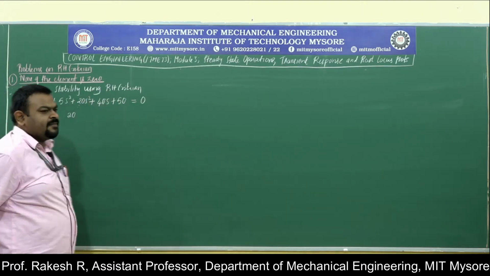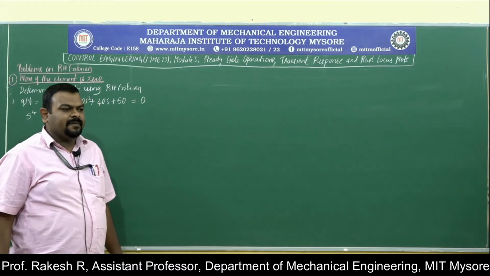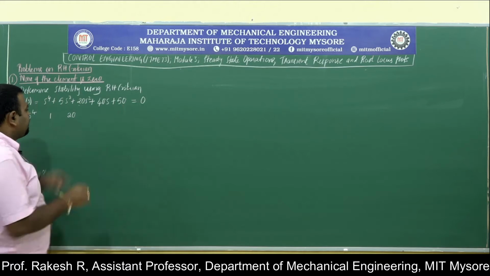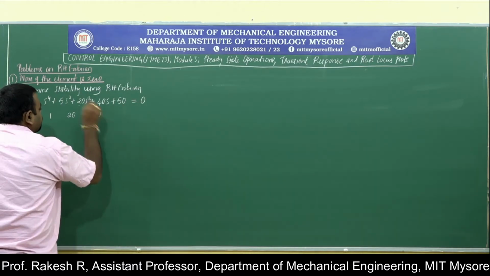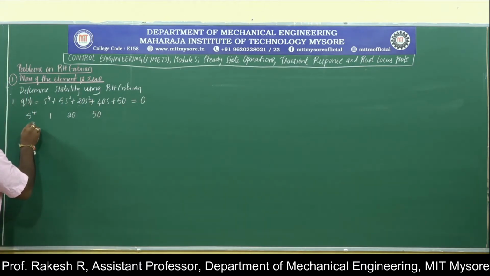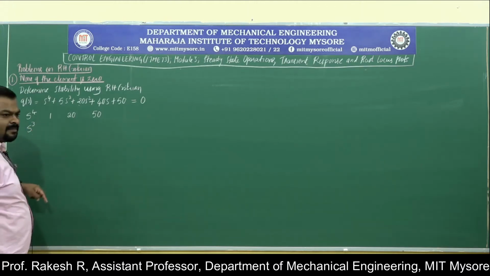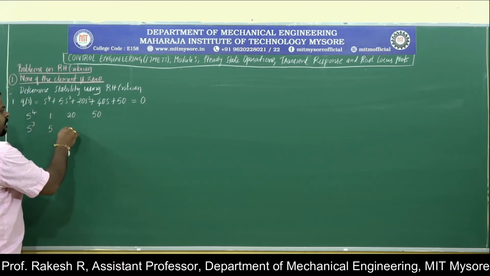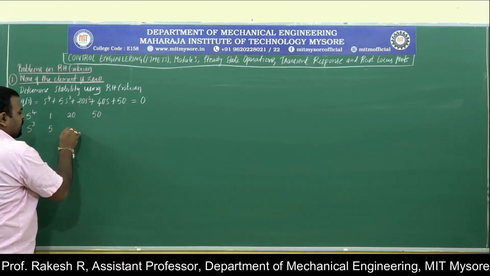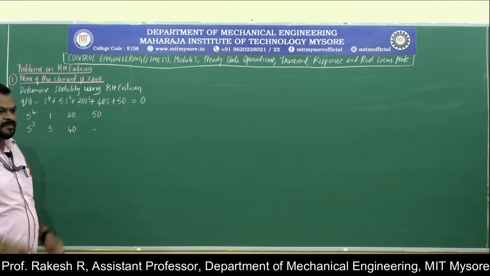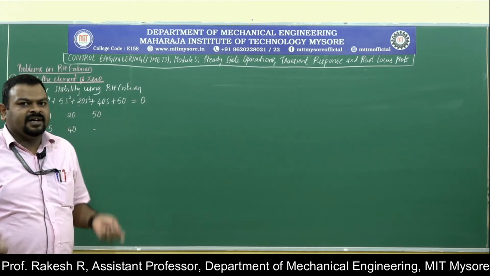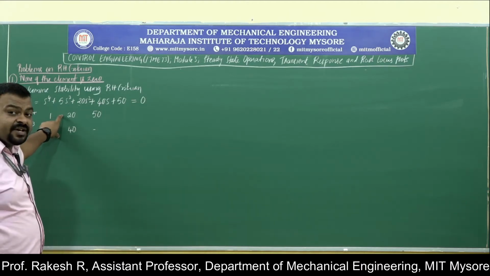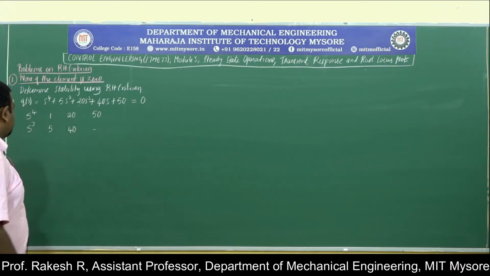Then next decreasing even power is s to the power of 0, it is a constant. It is 50. Then s cube coefficient is 5. Next decreasing odd power is s, it is 40. Then nothing will be there. This is the first given data. I have to write first 2 rows based on the characteristic equation given in the question.